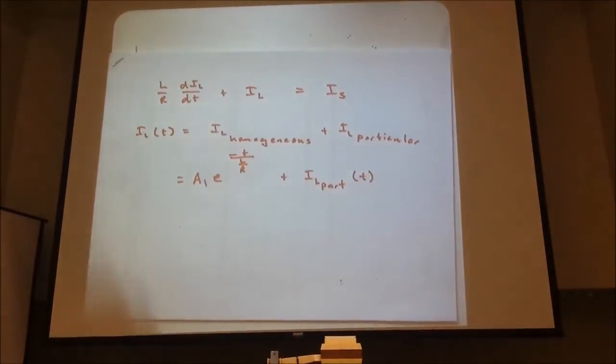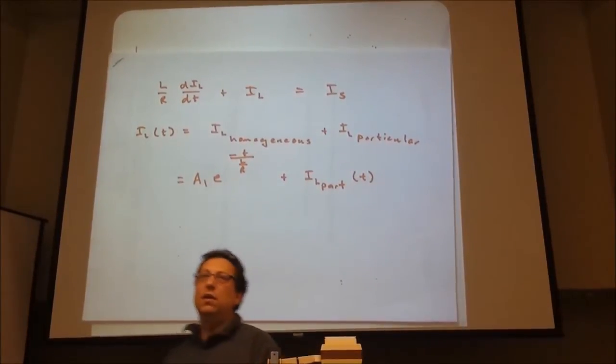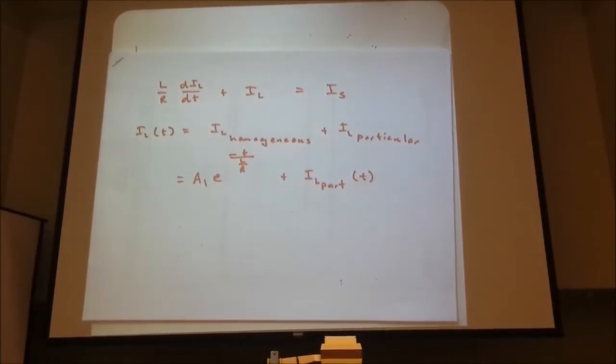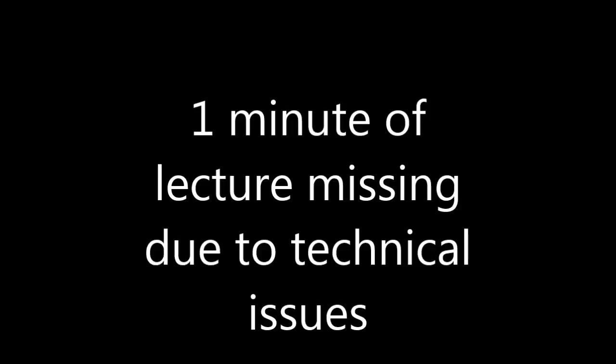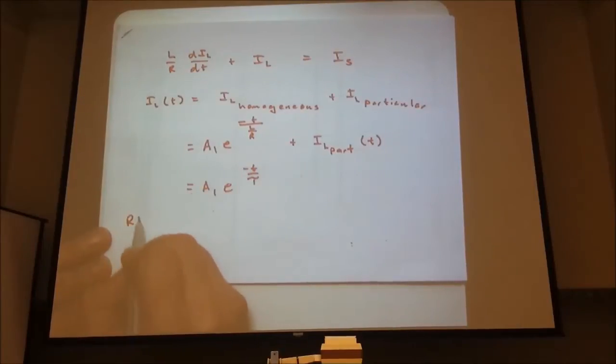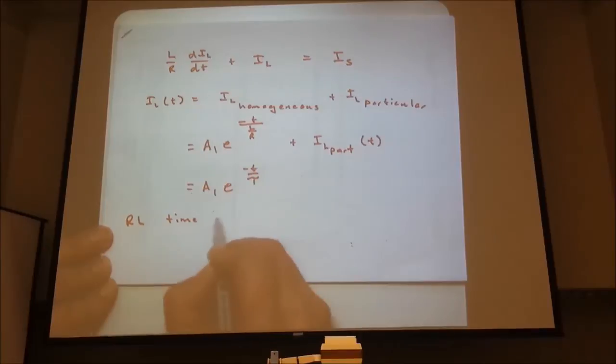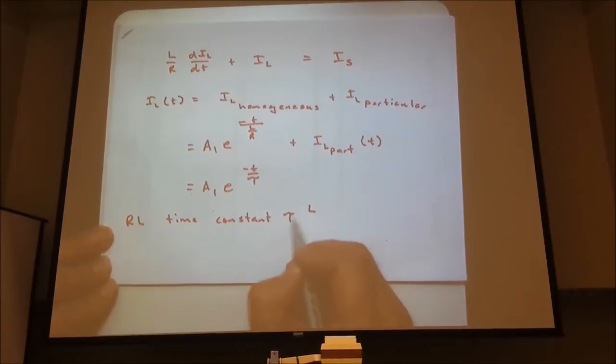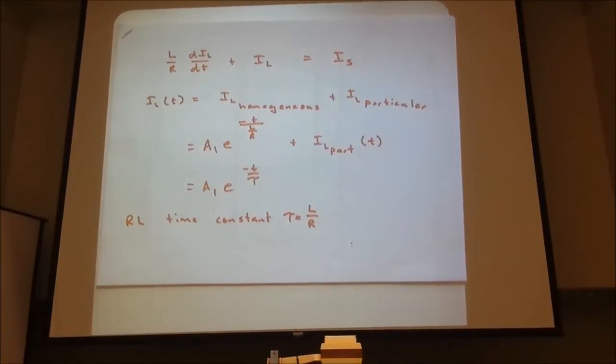And if it's a DC or a step function source, that winds up being a constant again. If it's an exponential source like we looked at, that's an exponential, it's a sinusoid, or so on. The RL time constant is tau equals L over R. So those are our two time constants with regard to first order circuits. It's worth making a note of.